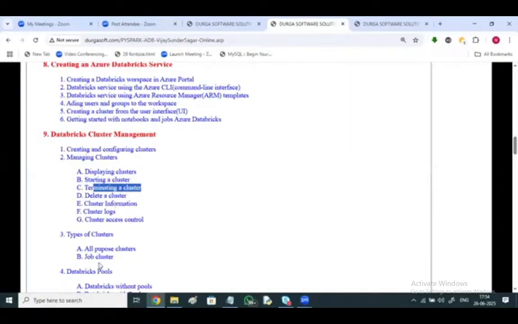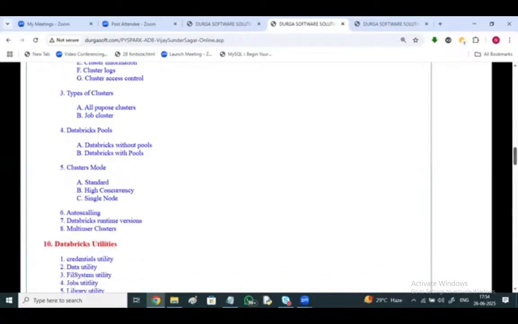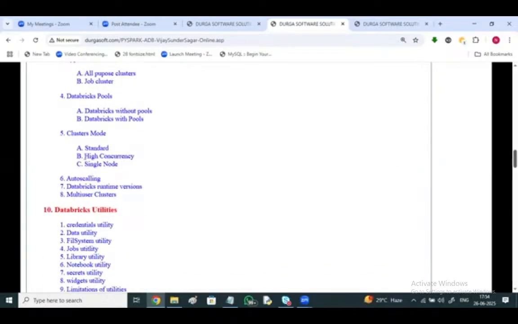We have two types of clusters. Databricks pools, clusters, standard, high concurrency, single node, auto scaling feature, multi-node cluster, multi-user clusters.